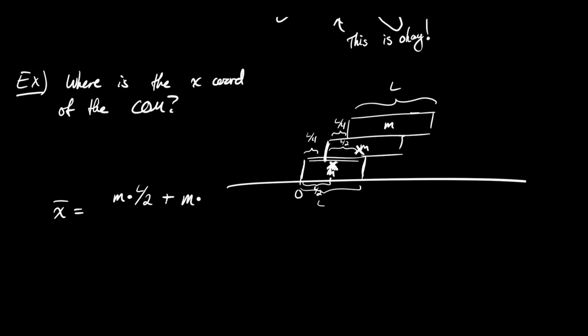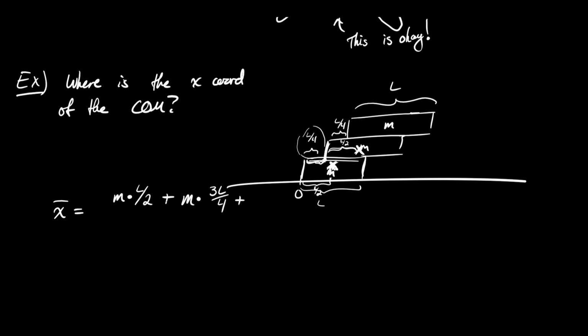And where's the left edge of the brick? It's L over 4 away from 0. So in total, you have 1/4 L plus 1/2 L, which means that this x is located at 3/4 L. Perfect. And now let's tackle the last brick.